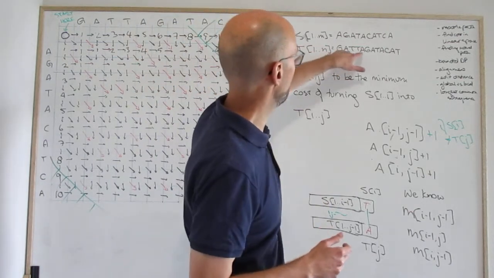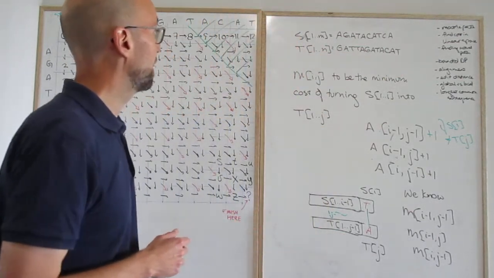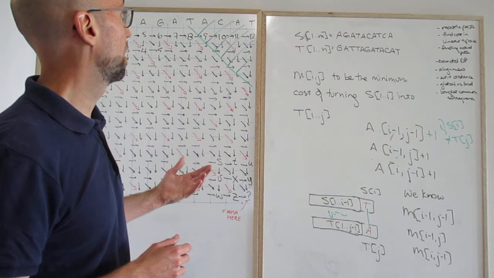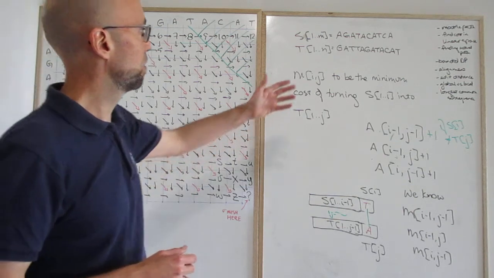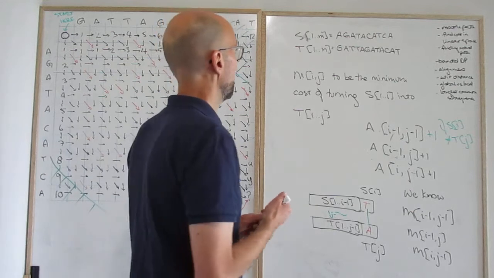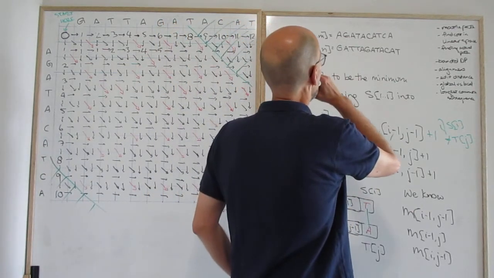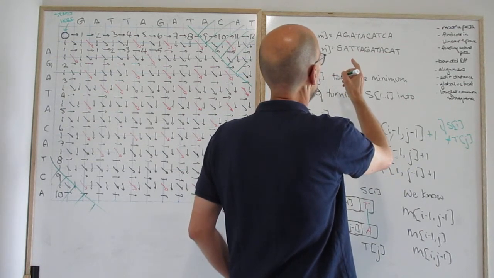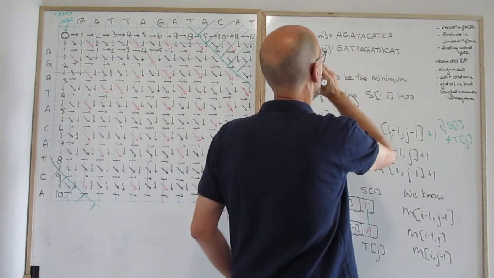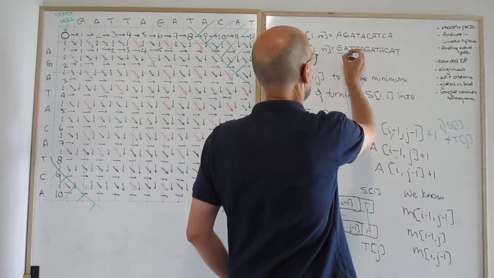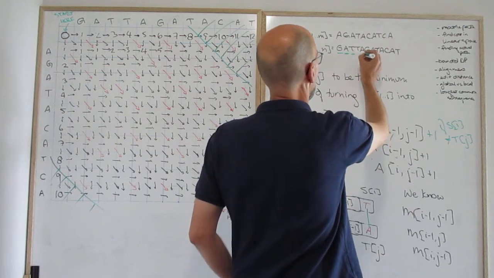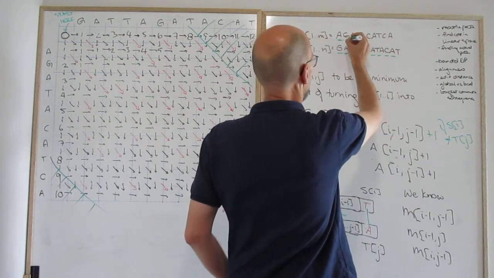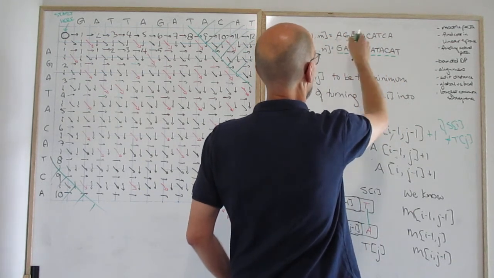So what is the longest common subsequence of Agata Katka and Gata Gata Cat?